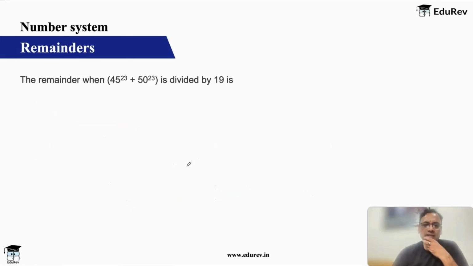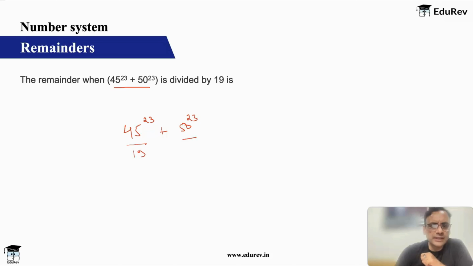Okay, for example, let's look at this question. The remainder when 45 to the power 23 plus 50 to the power 23 is divided by 19. Okay, so I have 45 to the power 23 plus 50 to the power 23. I'll divide them separately and then I'll just add the remainders.